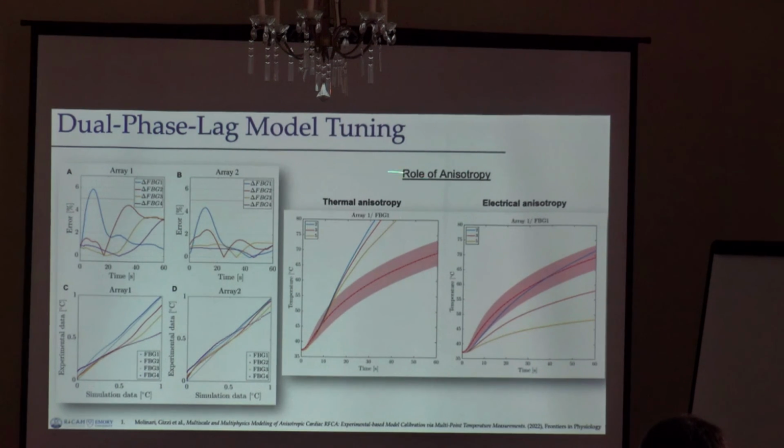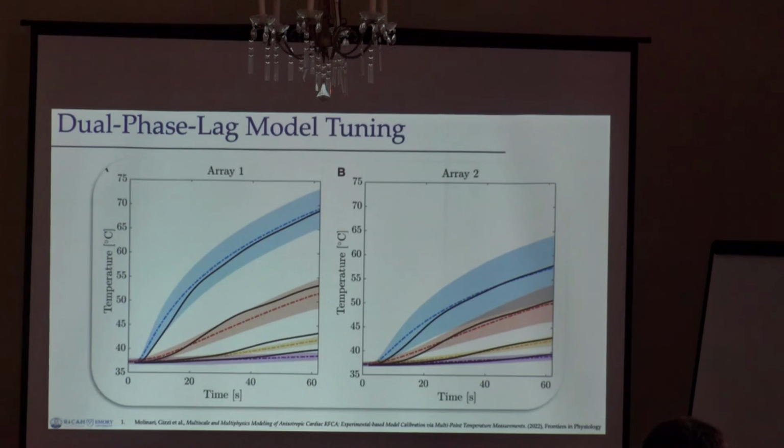In fact, there was a lot of tuning here according to the thermal anisotropy, the electrical anisotropy, and so on. So without bothering about the details, this is the final result. In black you have the model, the dual phase lag model, and these are the experimental data. As you can see, it's very much nonlinear.